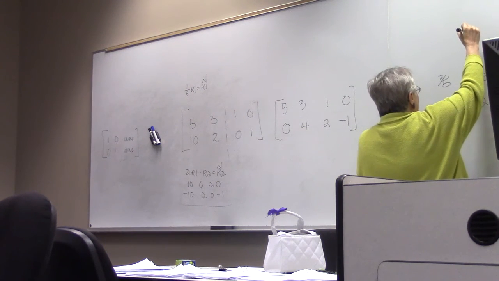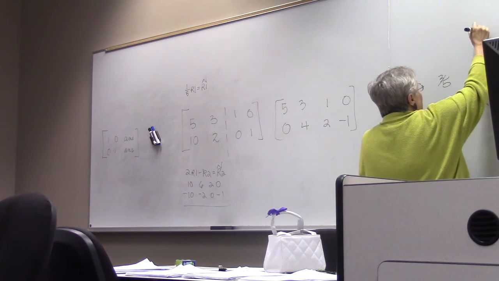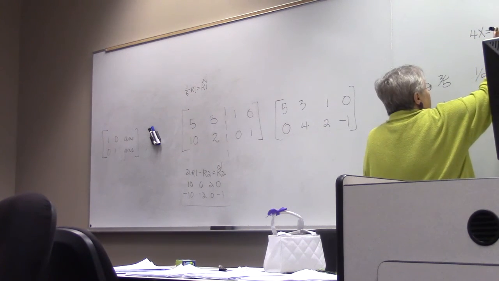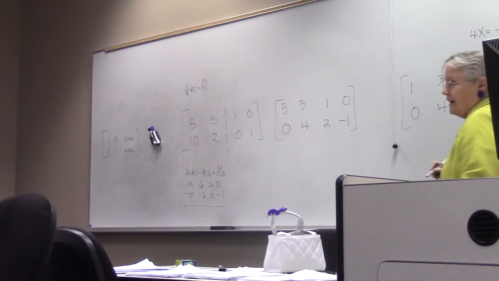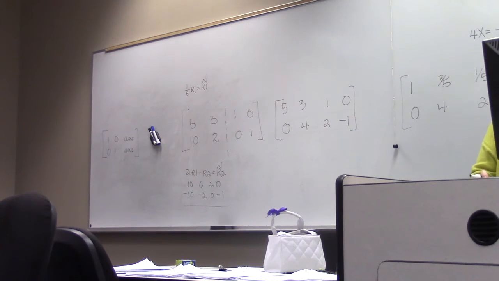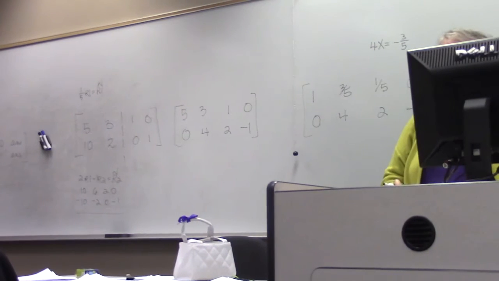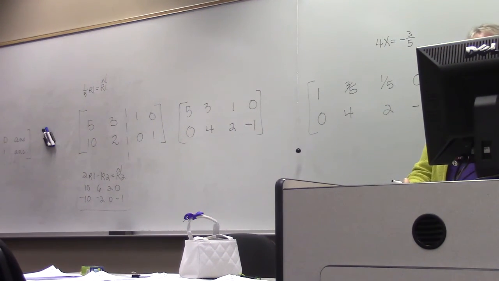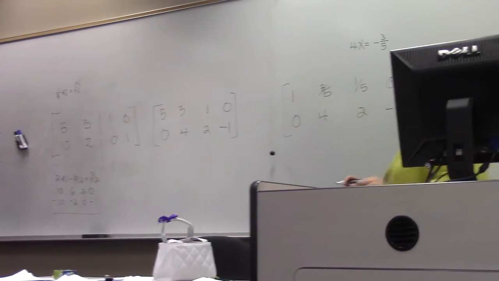I want 4 times something equals negative 3/5. So it's an algebra problem now. Solve for x. What does x have to be? Negative 3 over 20. Icky, icky, icky. So row 2 times negative 3 over 20.